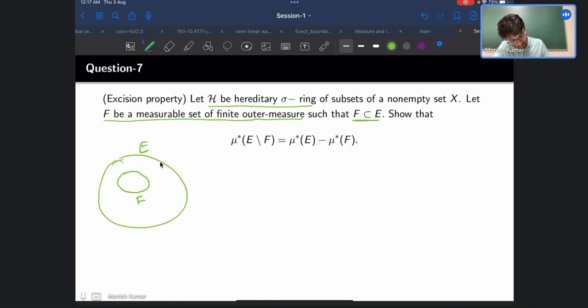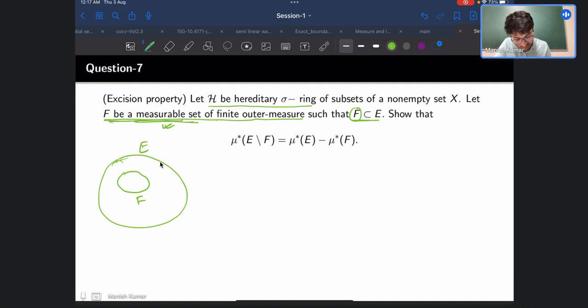Here we are trying to get the same property for outer measure, but the condition is that F, the smaller one, should be measurable.